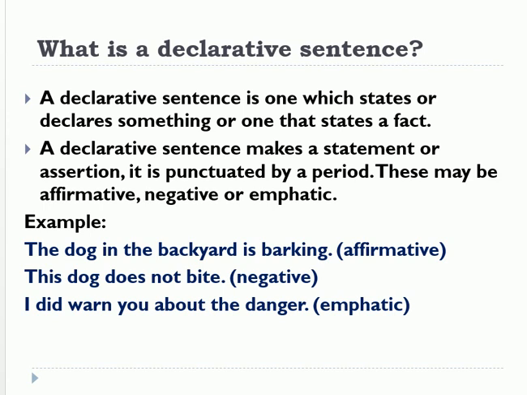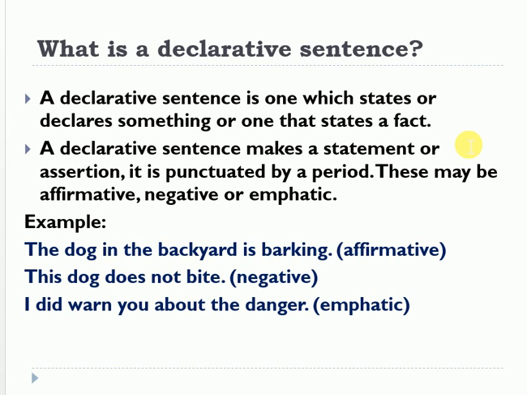Firstly, what is a declarative sentence? It is the sentence which states or declares something. It may state a fact, give an opinion, or state a feeling. Whenever you use a sentence in order to declare or assert something, that is called a declarative sentence.